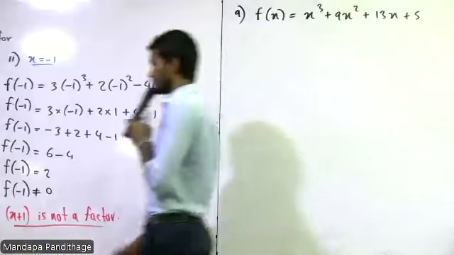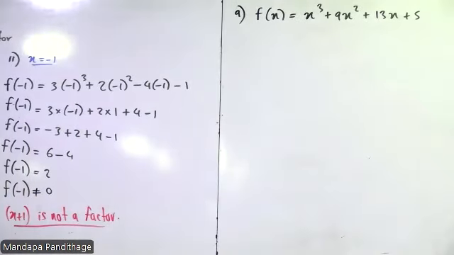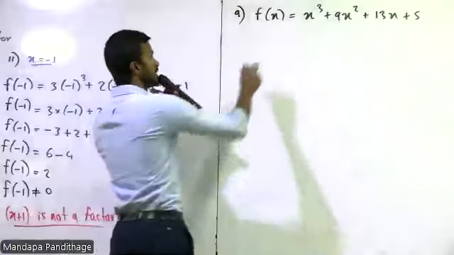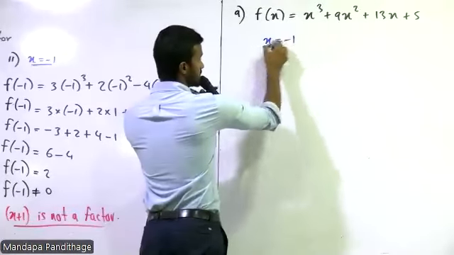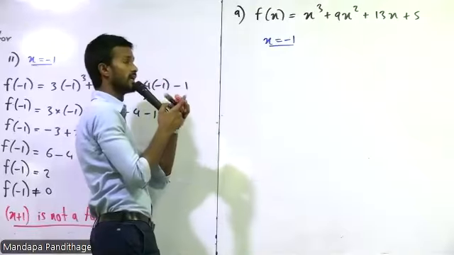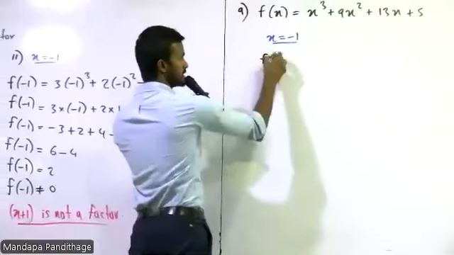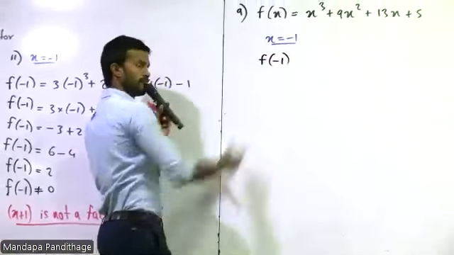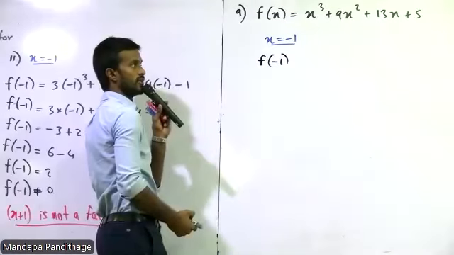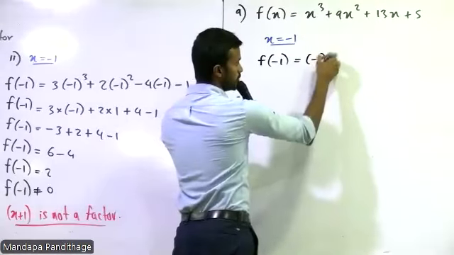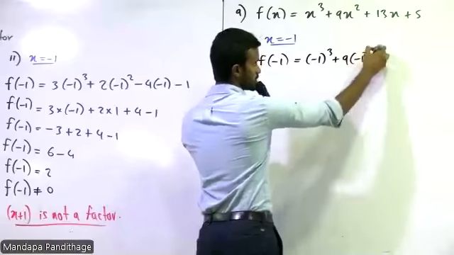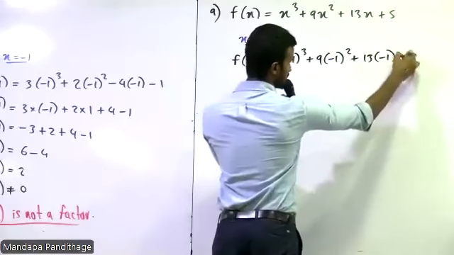Okay, question number 9. First thing, we have to name the polynomial. If they haven't given f(x), we have to name the polynomial. When you name the polynomial f(x), we have to show that x plus 1 is a factor. To show that x plus 1 is a factor, substitute x equals minus 1 and show that f(minus 1) is equal to 0. So that is what I have to do. a(minus 1) cubed plus 9 times minus 1 squared plus 13 times minus 1 plus 5.